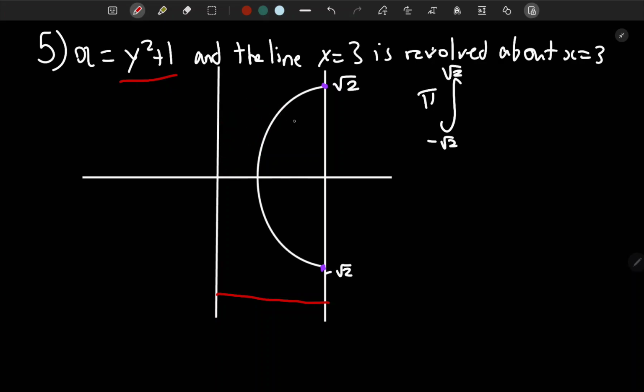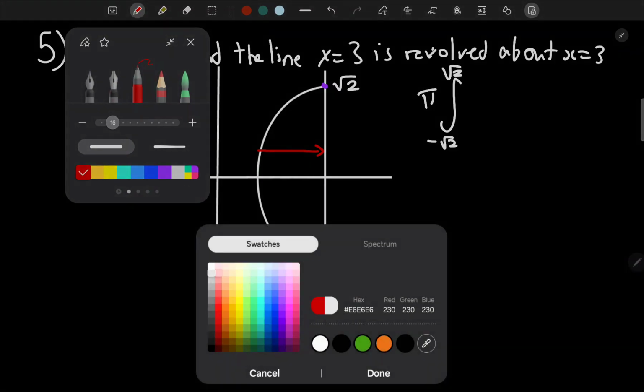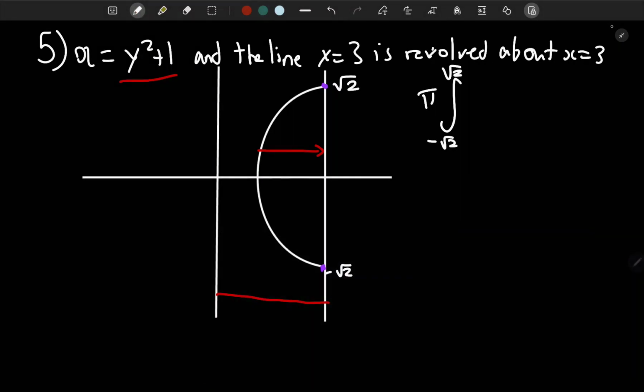And we actually want to find this inner distance. So let me change the color. Let's say you're given the entire thing is equal to 3, and this part over here is given as 1. What do you think this part is going to be equal to? 2, since it's just 3 minus 1. So in our case, we are given the 3, and we are given not a 1 but an equation, y squared plus 1.